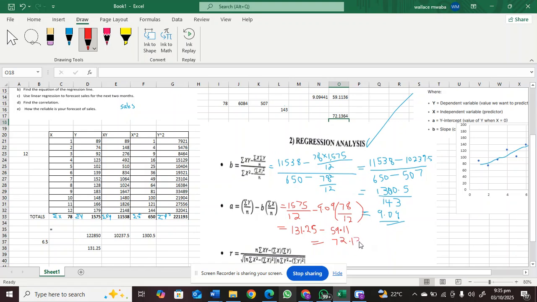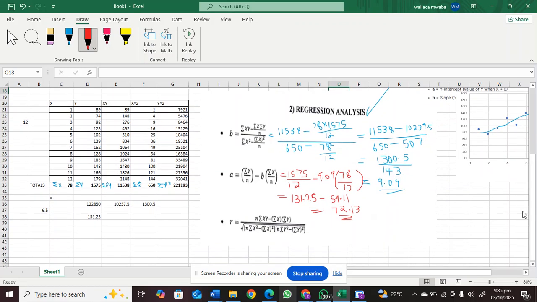Okay. So basically, this is the sales when the month is zero, your y-intercept. Remember the y-intercept is the value of y when x is zero. So in this example, when the month is zero, the sales are 72.13. So we can now form our equation.